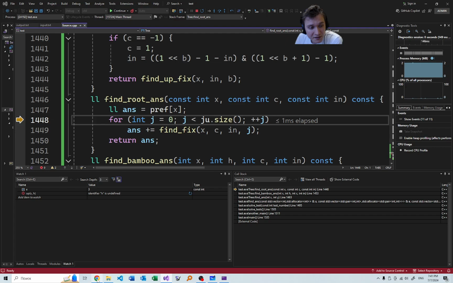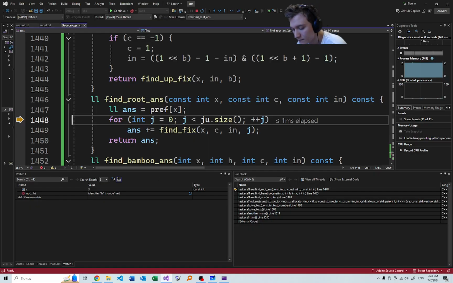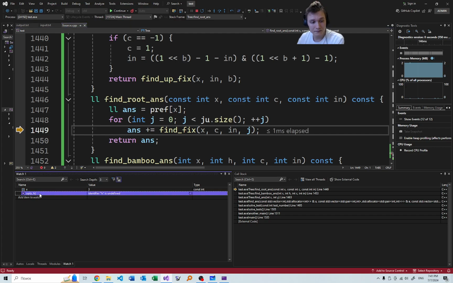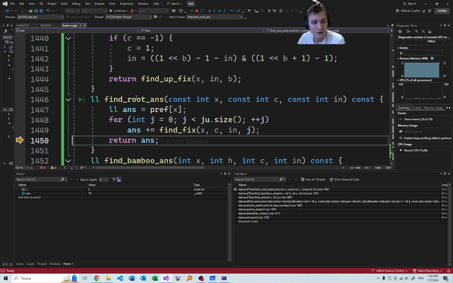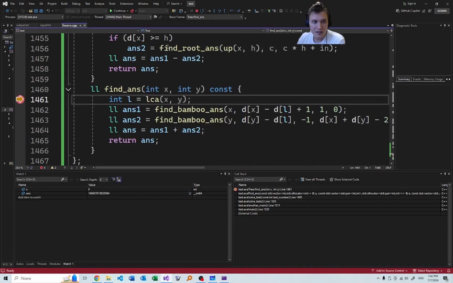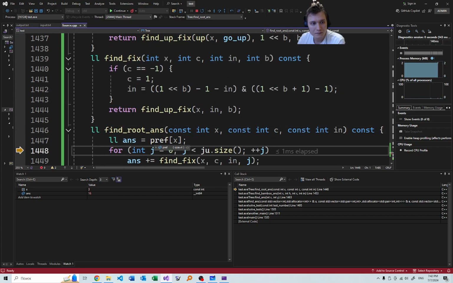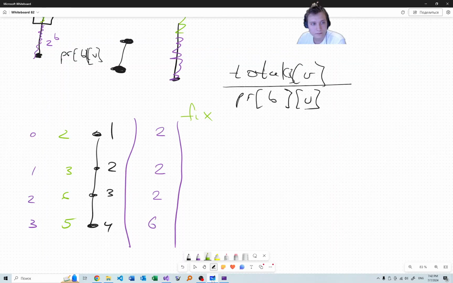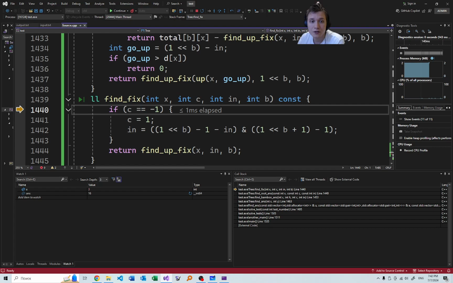And prefix sums? Prefix sums is 16, yes. 11, 14, 16, yes. So for the fix, the fix should be -2. But the fix wasn't -2 always. Okay, the first fix should be -2. So this should be -2 actually.